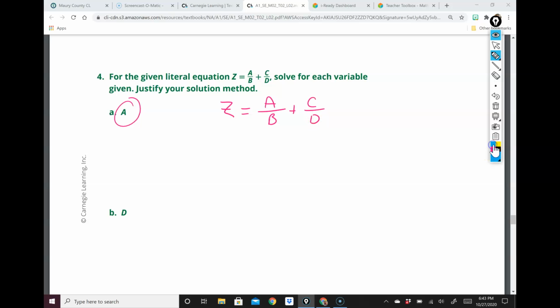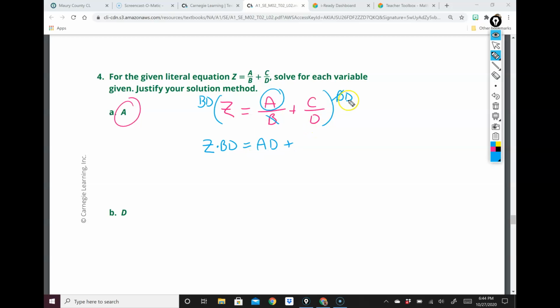So if I want to solve for a, I want to clear out the fractions. So the common denominator would be BD. So here I would have Z times BD. And here the B's would cancel out and leave me with a D, so it would be A times D.